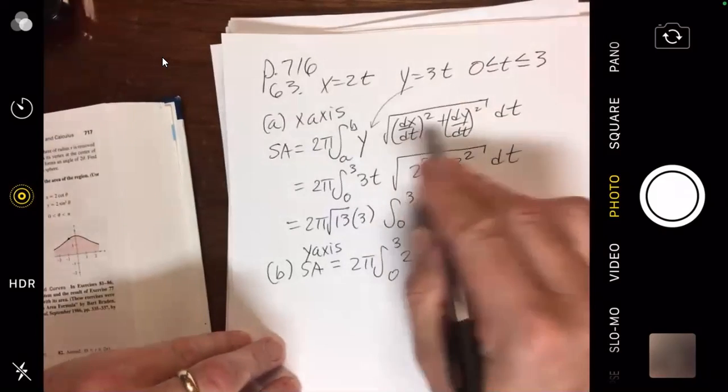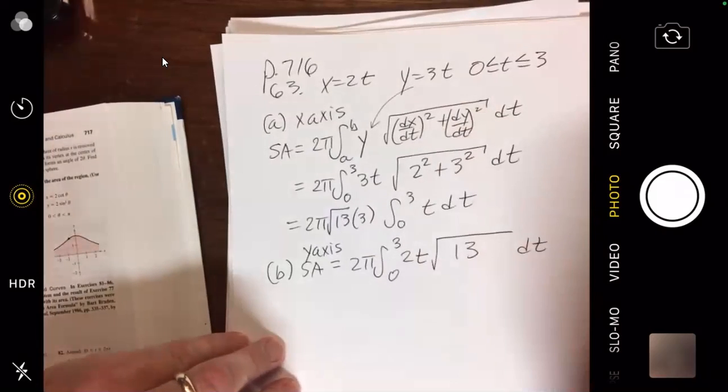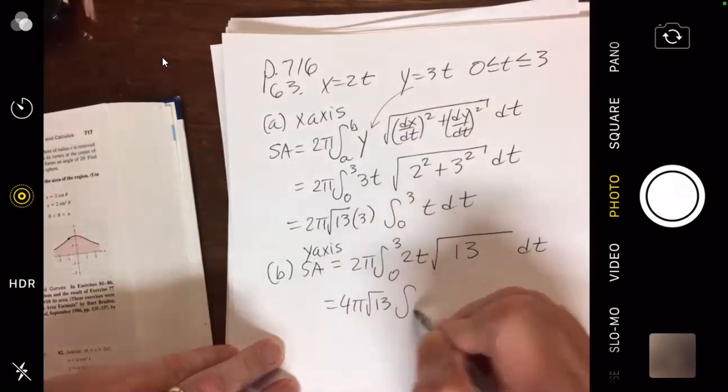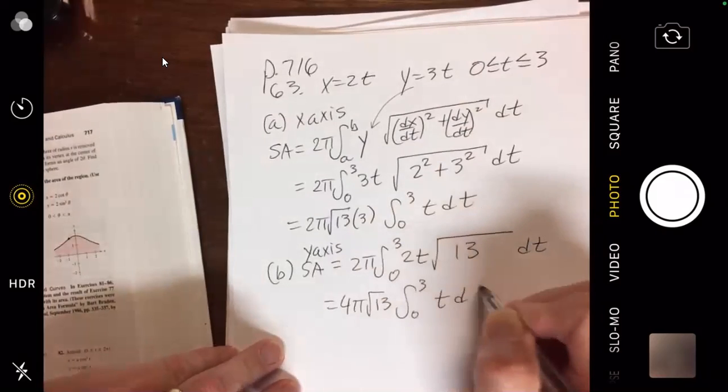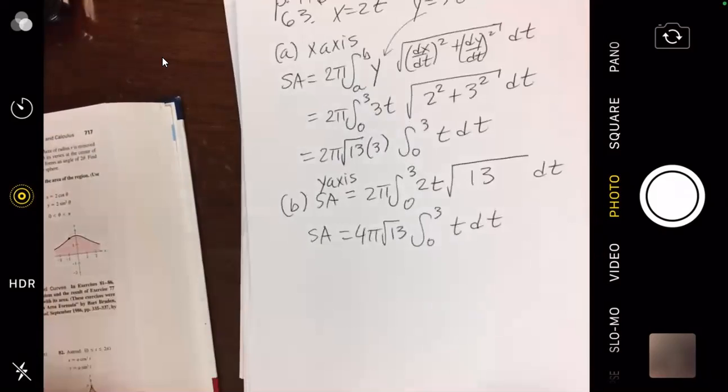Again, big square root. All this worked out to be root 13 dt. So that's going to be a 4 pi root 13 integral 0 to 3 t dt. Going around the y-axis. I'll let y'all punch that. It's pretty straightforward. Just a little long.